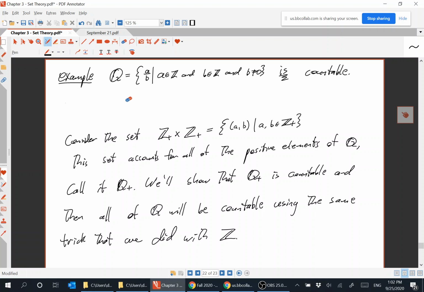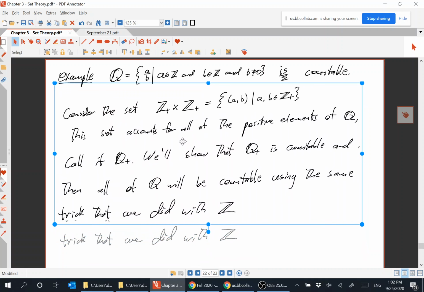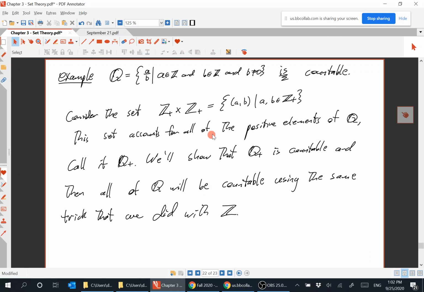Let's leave 0 out of the discussion. So consider this set, just Z plus Cartesian product Z plus. And that set will account for all the positive elements of Q.